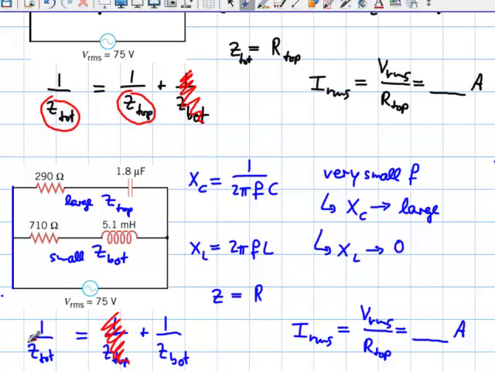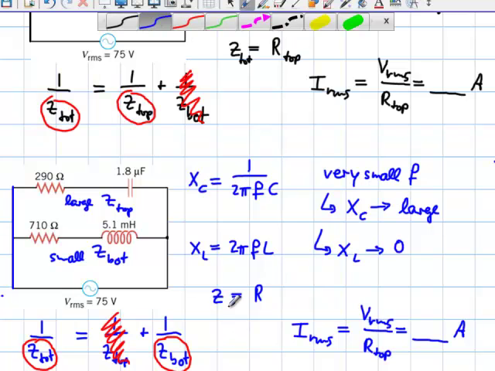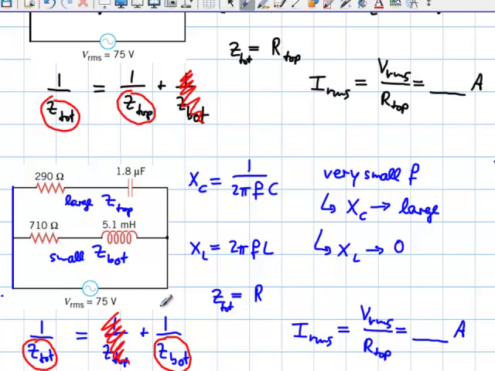The total impedance comes out to being the impedance at the bottom, which equals the resistance at the bottom. The reason is that for a small impedance here, the current flows through this part and pretty much bypasses the top part.